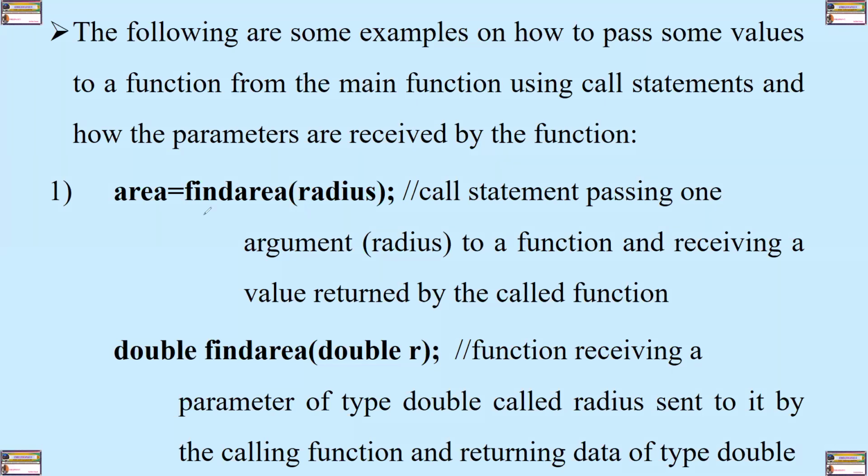This is a call statement. This call statement is passing one argument called radius to a function called what? A function called find area. Now, this value, this argument, will be directly placed in the memory location called radius there.